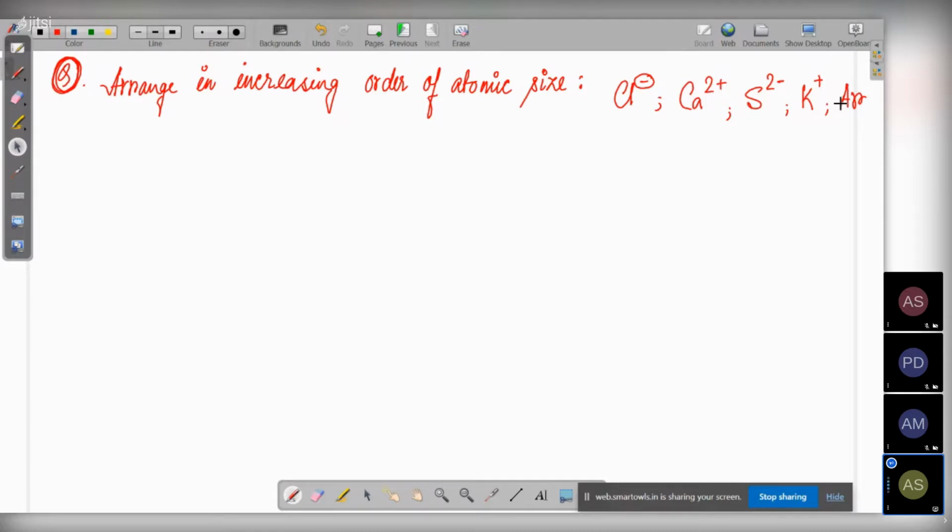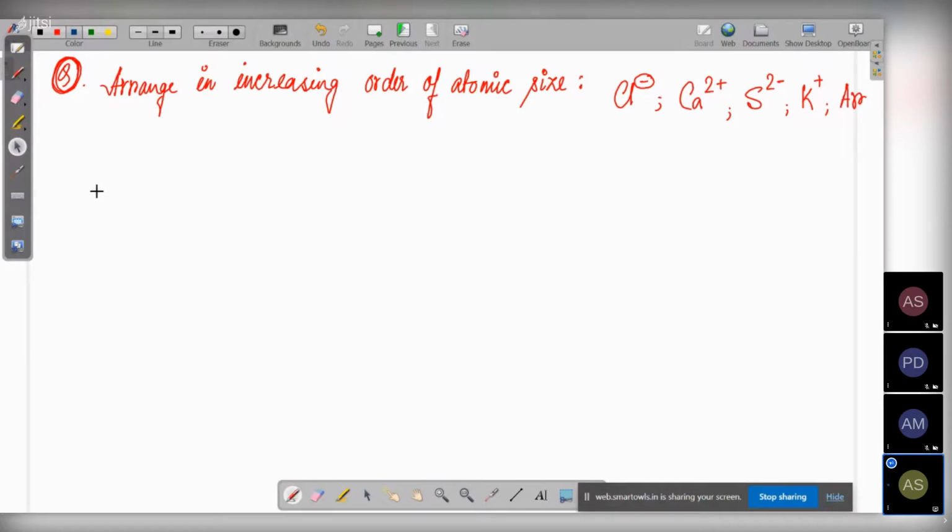Okay. You have basically told just the opposite. Over here, Ca2 plus will be the smallest in size, whereas S2 minus is going to be the largest. So now let's arrange them in this way.